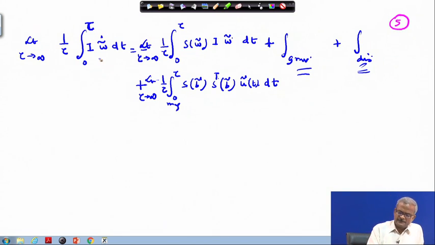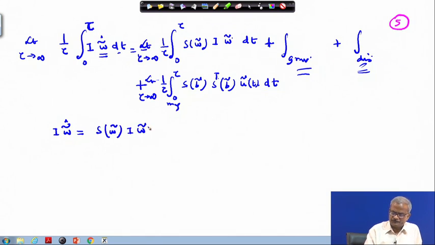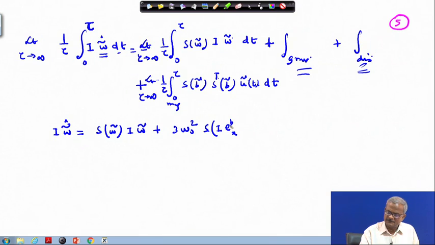What we observed is that these terms are not explicitly dependent on t, and therefore this averaging gives you just I omega tilde. Similarly, gravity gradient accordingly gives you S I times E_B x.